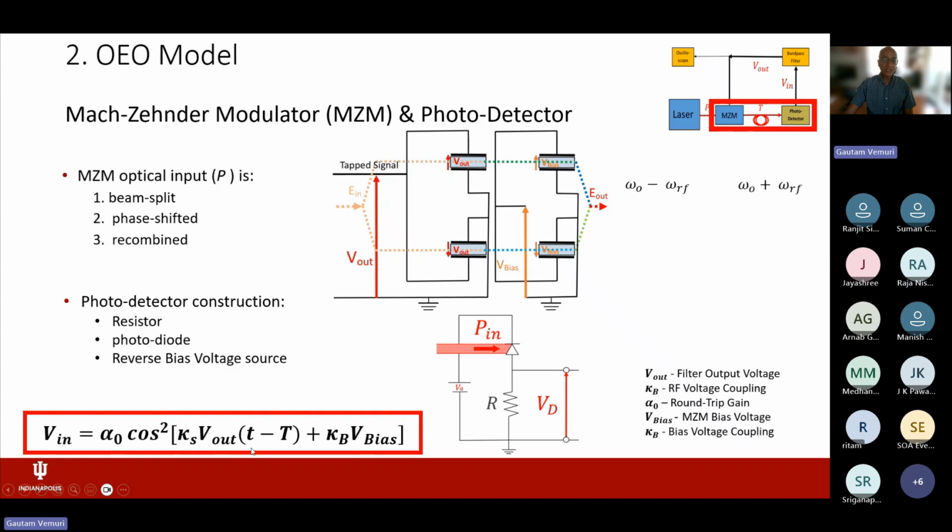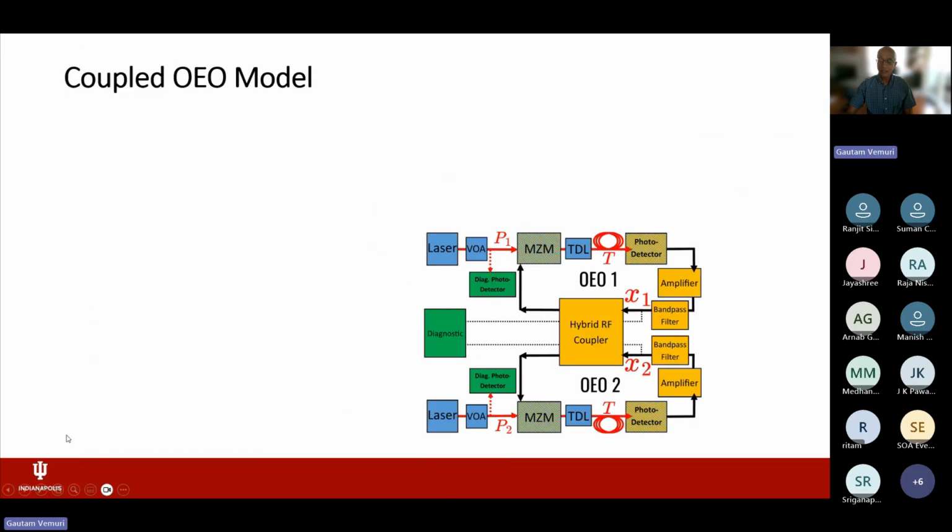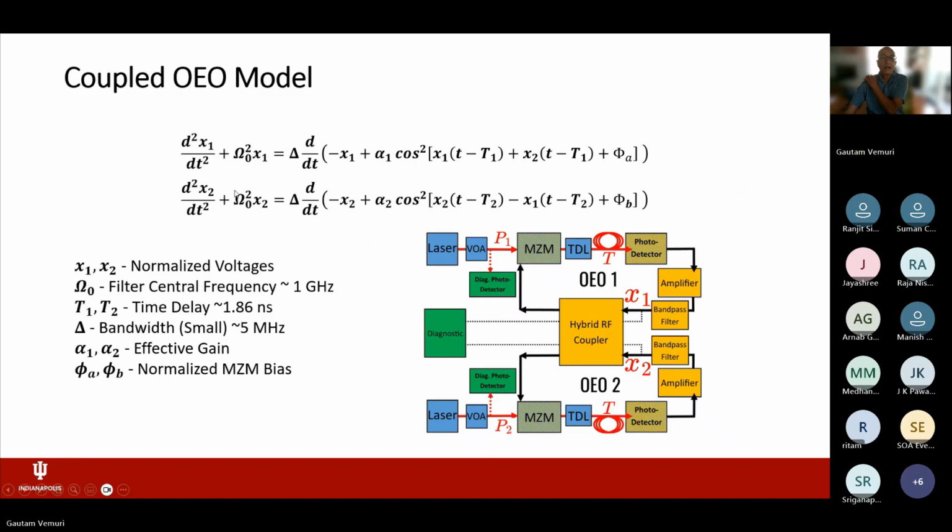And here you can see the time delay. This is V out, which happened at a round trip time. This uppercase T is the delay that's imposed by the optical fiber, and then this bias voltage is whatever is applied here.